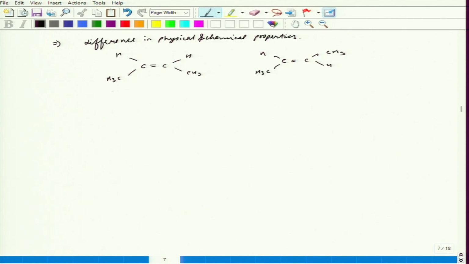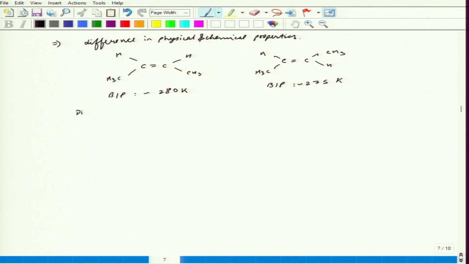So let's talk about the physical properties. Chemical properties we will deal with later. What's the boiling point? Its boiling point is around 270 Kelvin, whereas the boiling point of the trans isomer is around 280 Kelvin, something like 275 Kelvin, roughly as I have given.